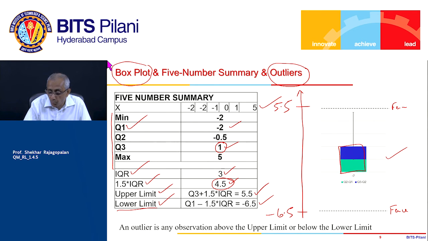The lower part of the box is Q1, and Q1 is -2. The upper part of the box will be Q3, and Q3 is 1. Inside this box, we'll also display the median, Q2. So this point out here is Q2 and this must be -0.5.